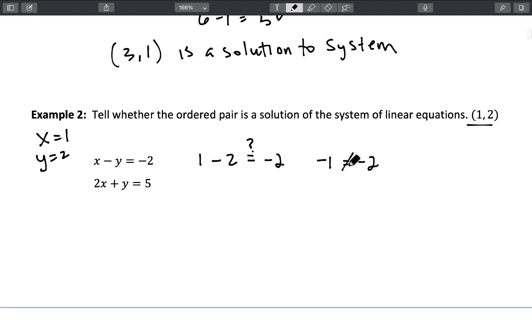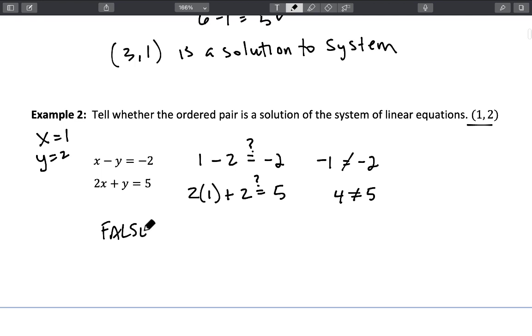No, that's not true. Now, we don't really need to go any further, but let's go one more step here and determine if that next statement is true. We'd have 2 times 1 plus 2. The question is, does that equal 5? That gives me 4 is equal to 5. No, 4 is not equal to 5. So these are both false statements.